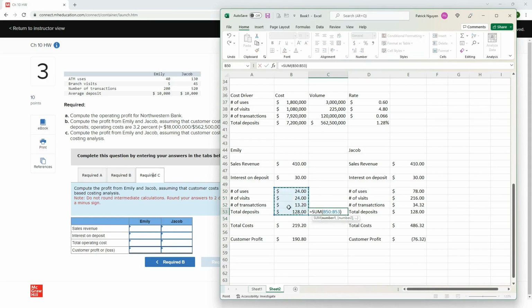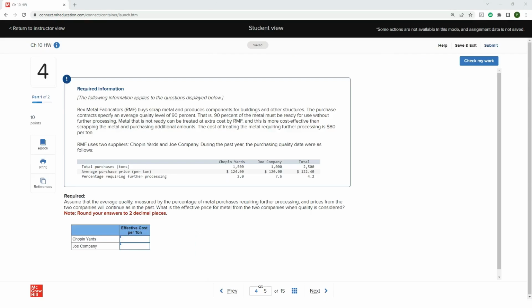And so for Emily, that's going to be $189.20. And then for Jacob, that's going to be $456.32. So we'll plug those amounts into Part C.